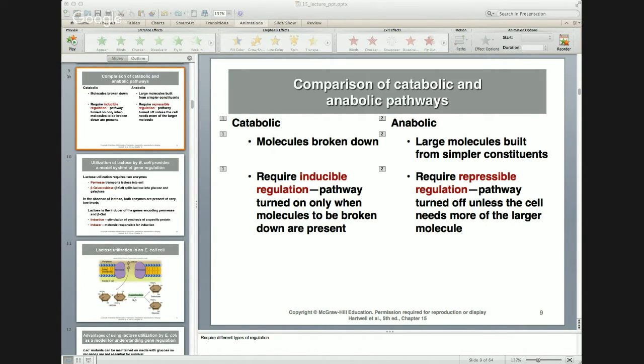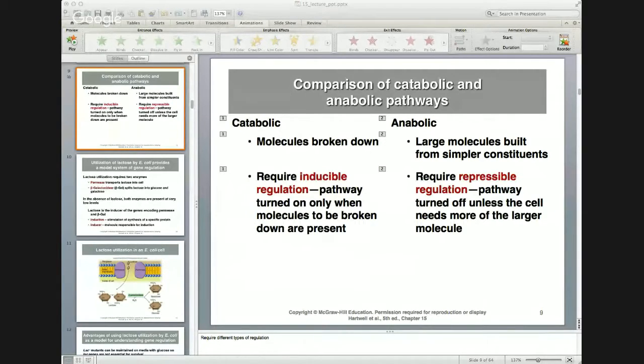Unlike anabolic pathways, which involve the build-up, the synthesis of molecules from simple constituents to larger ones, this type of regulation requires what is known as repressible regulation. So for example, amino acids are examples of molecules that require anabolic pathways.